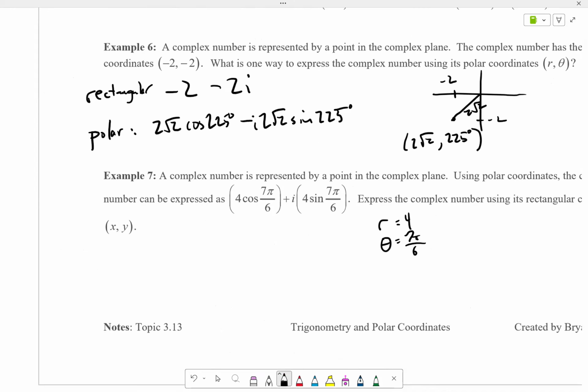Sure. x is equal to, oh, I'm not going to use equations, I'll just do it. Done. So what I'm looking at is -2√3 plus, nope, not plus, -2i. That vertical is imaginary.